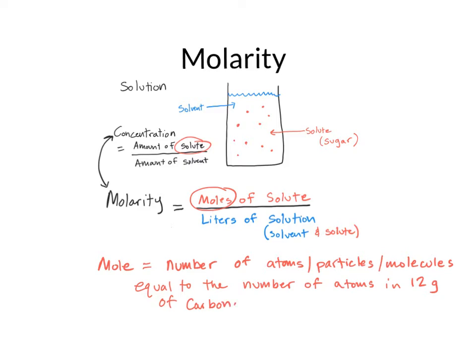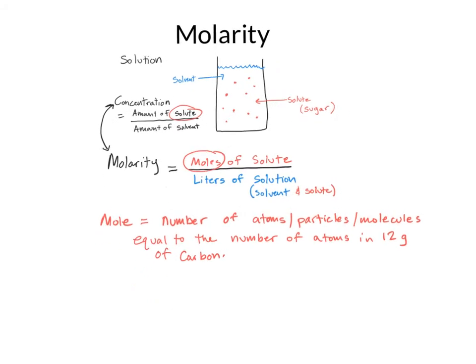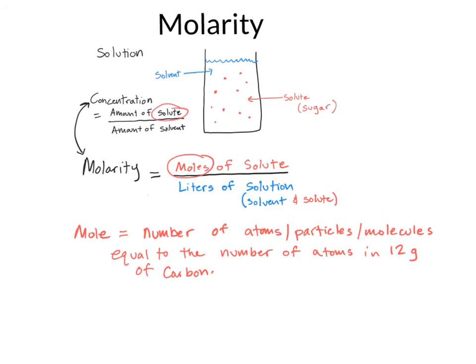Now that maybe doesn't help you too much, but we actually know how many atoms there are in 12 grams of carbon, and that equals 6.022 times 10 to the 23rd atoms.